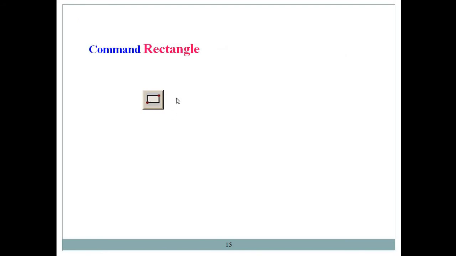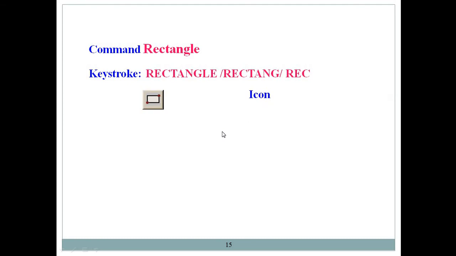Then the next command is rectangle. The keystroke in AutoCAD is rectangle, oblique REC, which is the symbol of the rectangle command. This is the icon of the command. Then go to the menu, Draw, Rectangle.